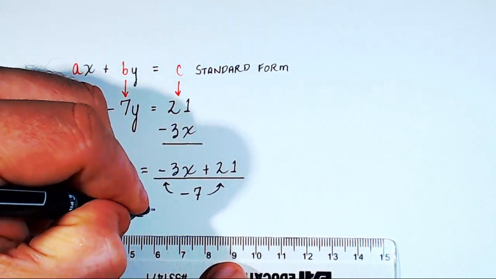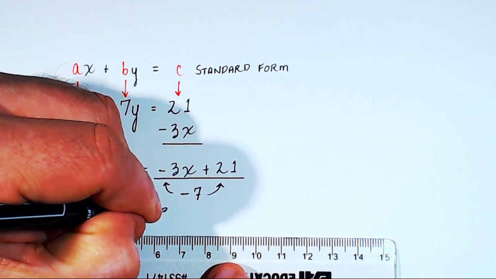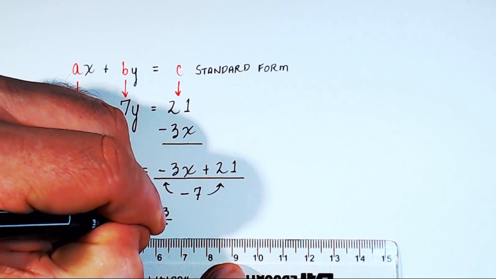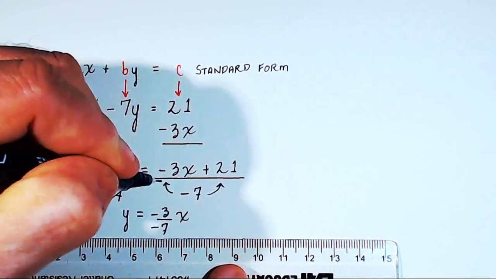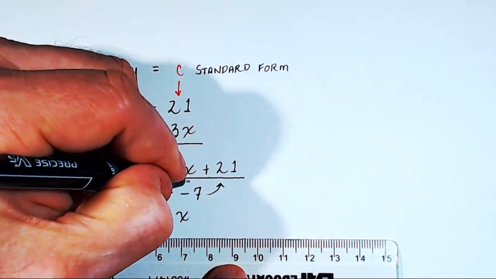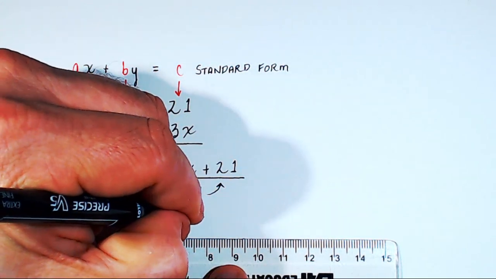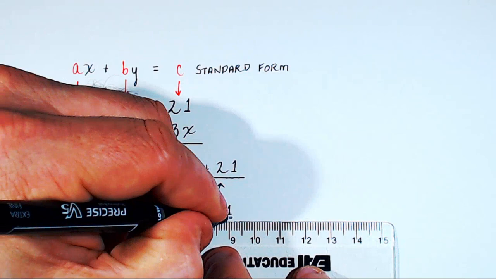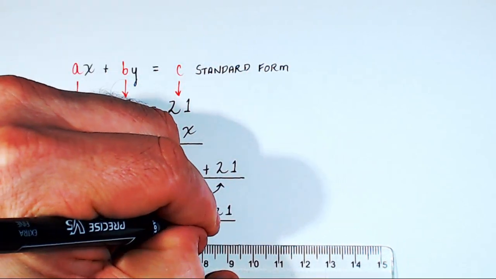So we'll rewrite this again: negative 3 over negative 7x, and then because there's a minus sign here, minus 21 over 7.